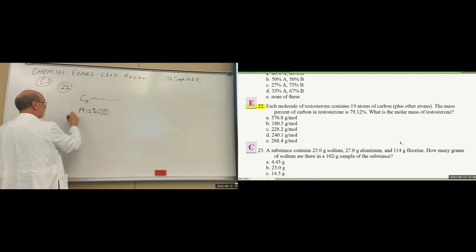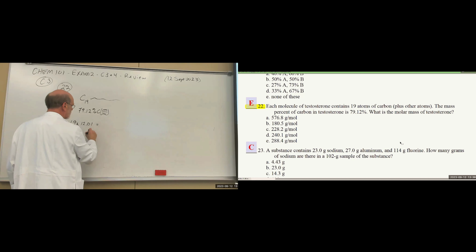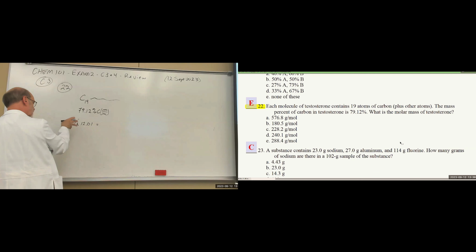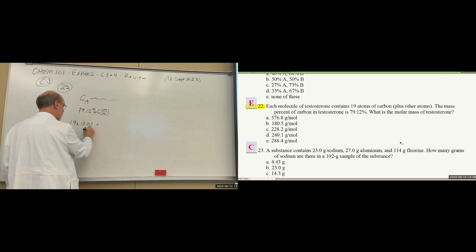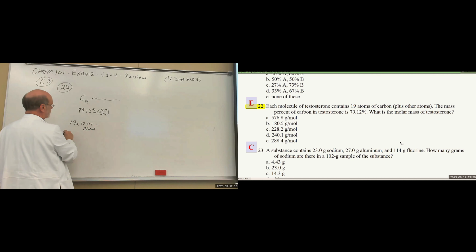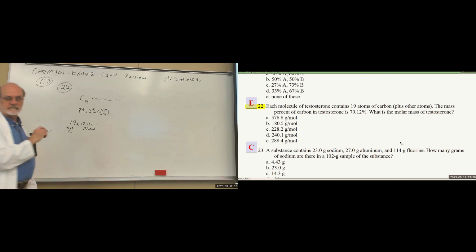Then 19 times 12.01 will give us grams per mole in that compound. Actually, grams of carbon in that compound. Yeah, just grams, because this is grams per mole. And this is, if we have 1 mole of compound, then there are 19 moles of carbon. Everybody see that so far?